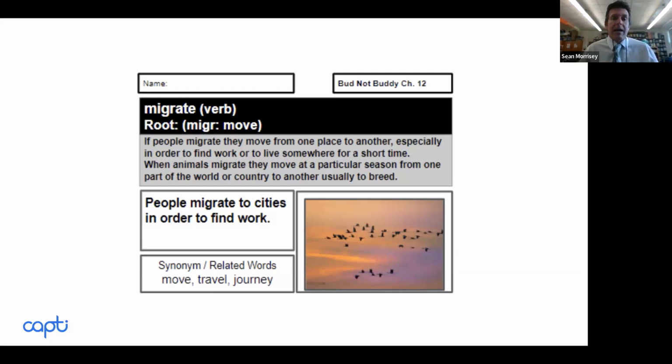When we think about a context, if people migrate, they move from one place to another, especially in order to find work or live somewhere for a short time. So that's one context: people migrate to cities in order to find work. Then I give them another example with related pictures of birds on migration.